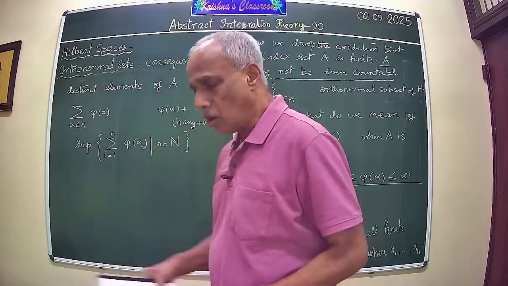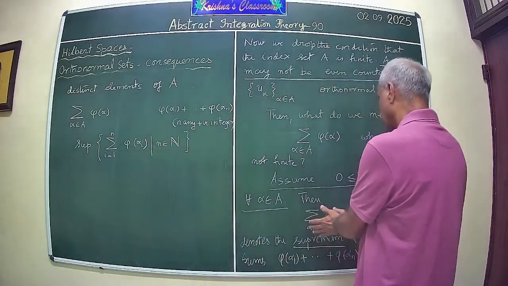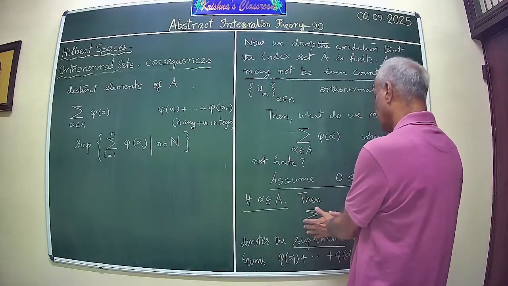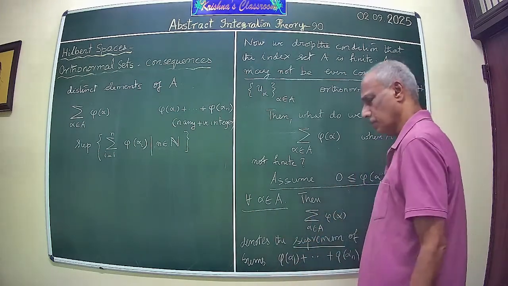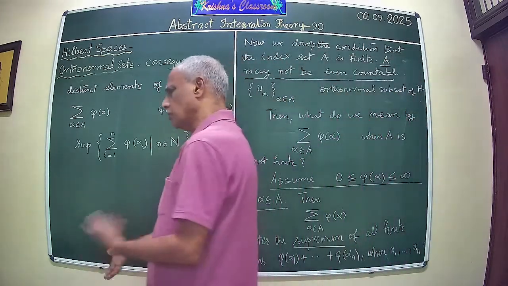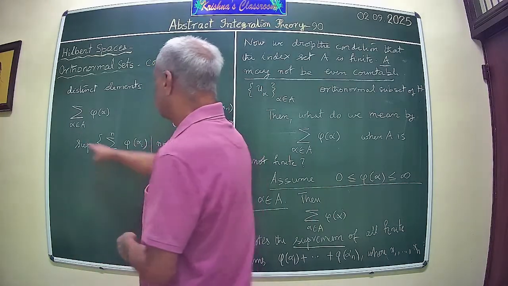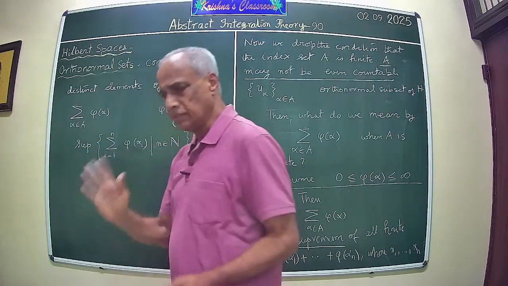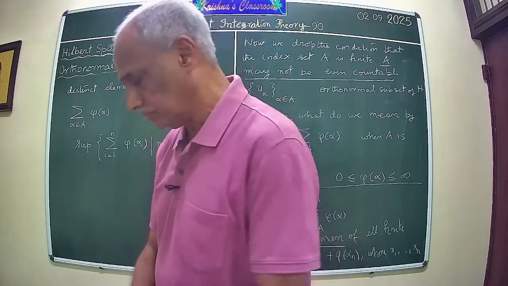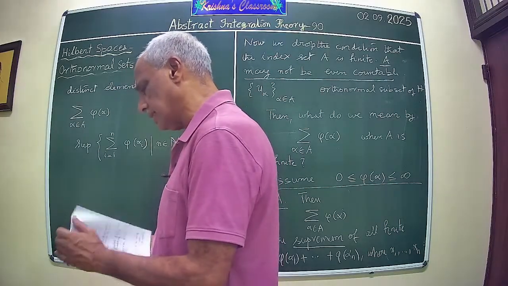So you take all possible finite sums of this collection, take the supremum of that, and that will be interpreted as sigma alpha belonging to A phi alpha. So that is the meaning of this sum. Having done that, now we are in a position to handle the situation.